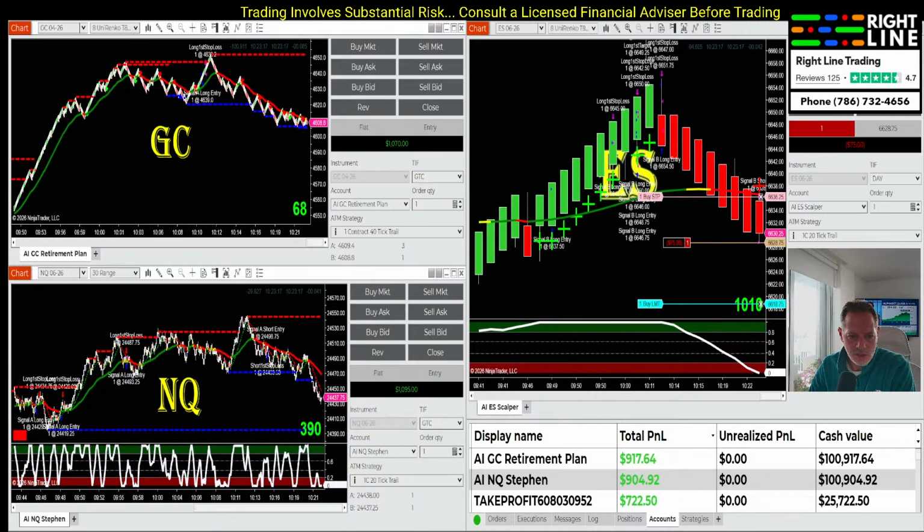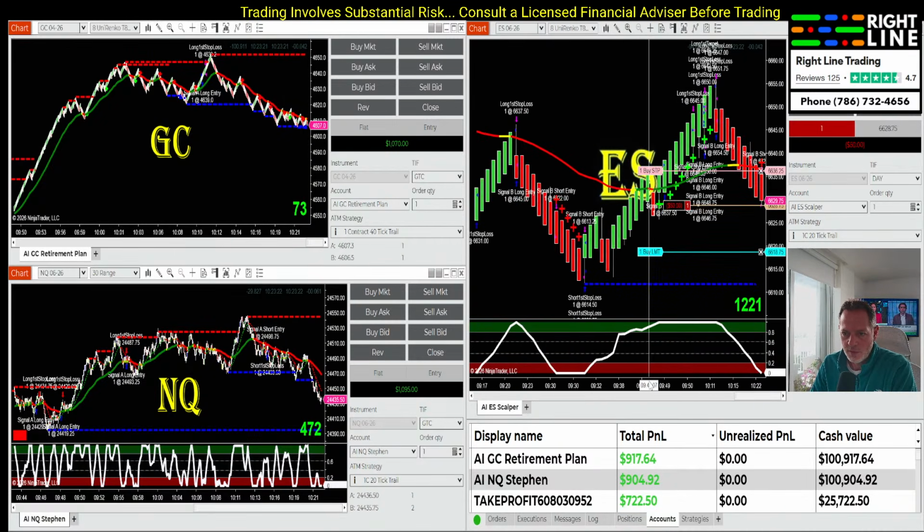Big retracement going on in the NQ here and the ES. Pomp and circumstance appears to be over with.